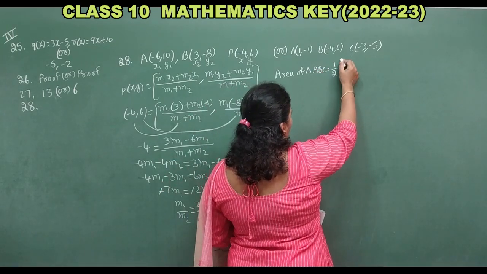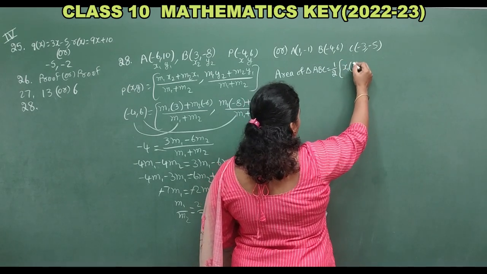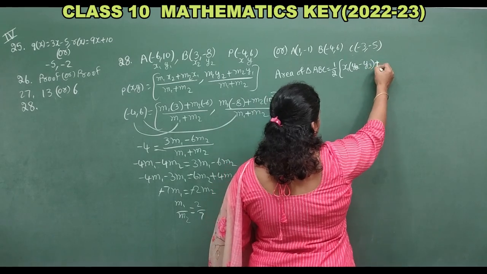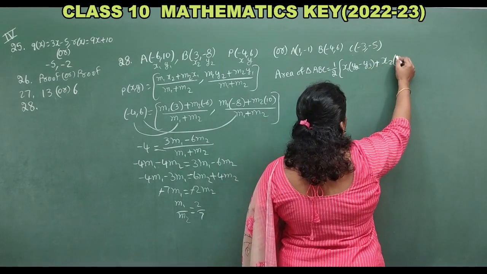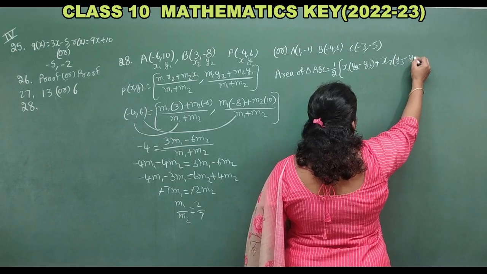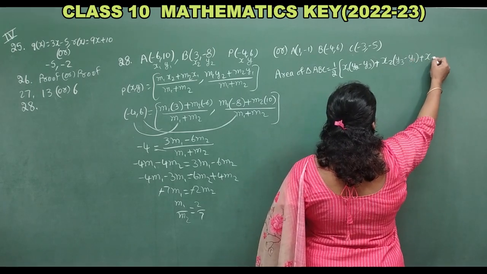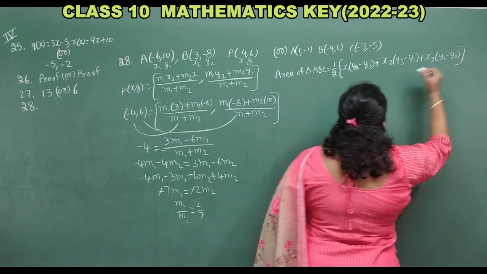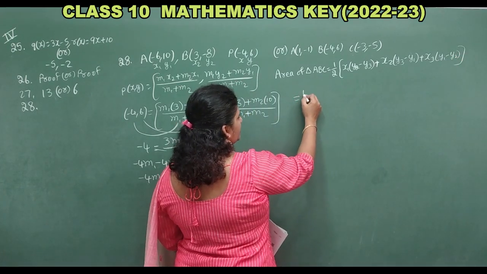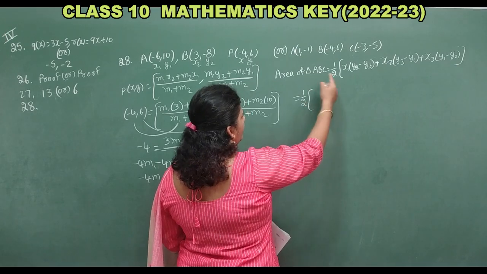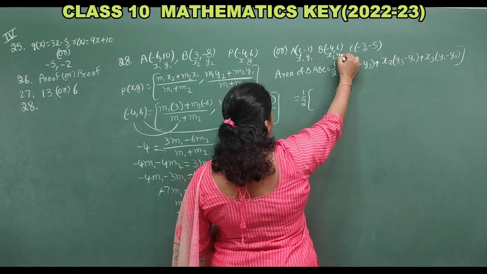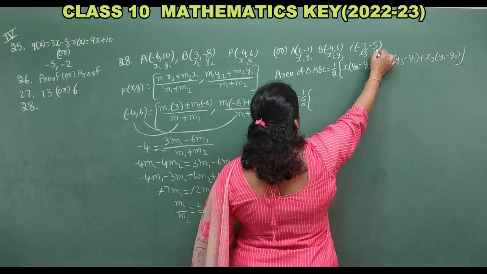Half into x1 into (y2 minus y3) plus x2 into (y3 minus y1) plus x3 into (y1 minus y2). Right? Now substitute this, half into x1, y1, x2, y2, x3, y3.